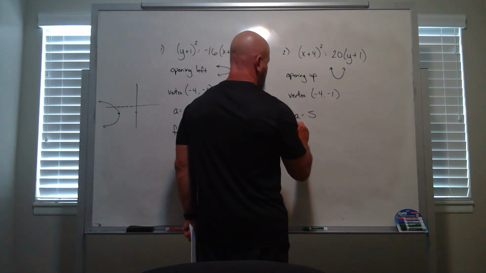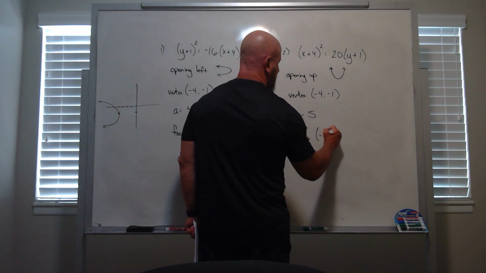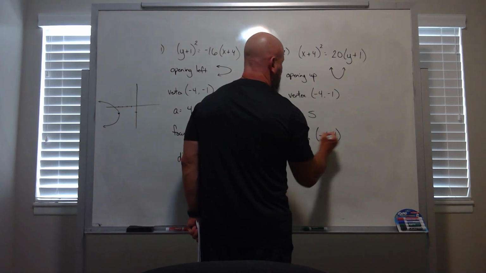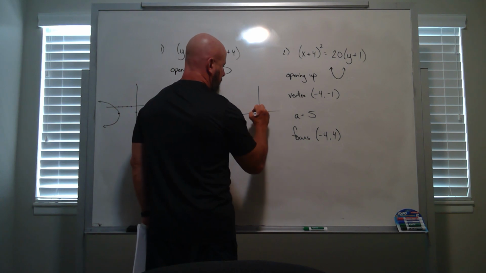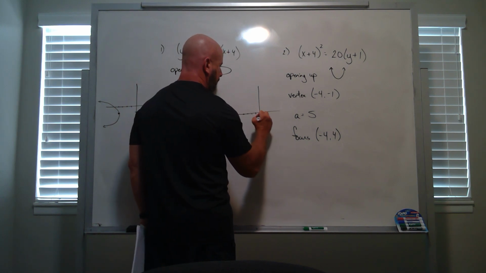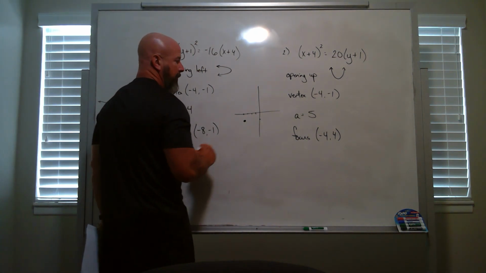Focus, I'm going to go 5 units up, which would be at -4, 4. Again, if I'm a person that's in need of a visual, if I like having that visual, I can plot that vertex, -4, -1.